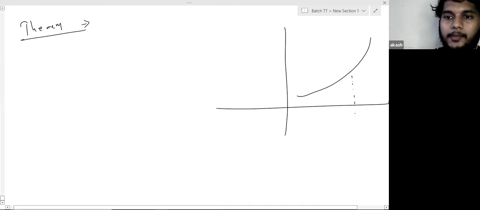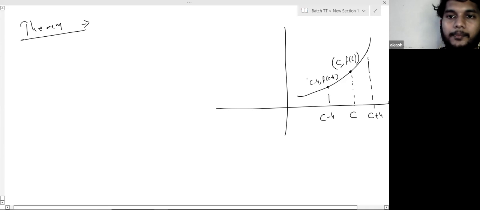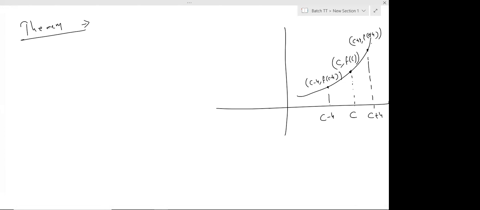Suppose this is a point C. This is C minus H, and this is C plus H. So this coordinate I can write as C comma f of C. This coordinate is C minus H comma f of C minus H. This coordinate is C plus H comma f of C plus H. Everyone is clear about this? X coordinate comma Y coordinate, right? Yes, sir.